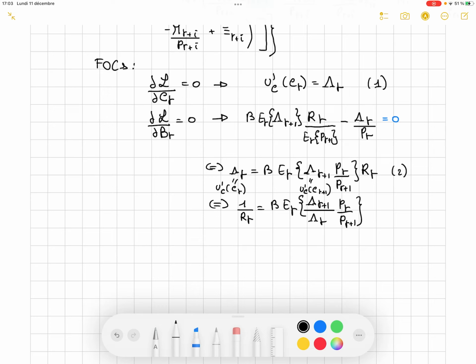And so to be at the optimum, it must be that this loss that we incur by investing is equal to what we get from the investment. And what we get from the investment is basically this interest rate, multiplied by the level of consumption. And maybe the price did change a bit.